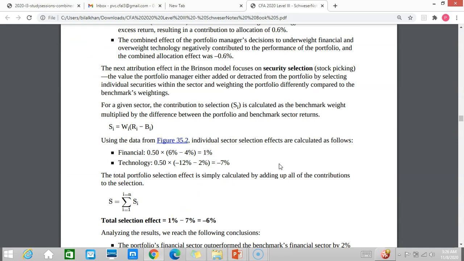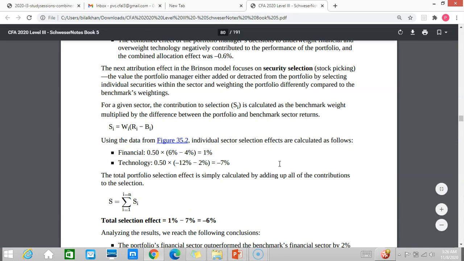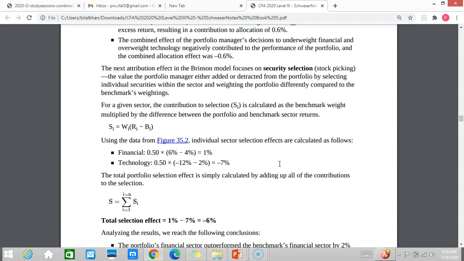So now if you do this for financial sector, it will be weight of benchmark multiplied by portfolio return minus return on benchmark, 1%, and then technology similarly, minus 7.